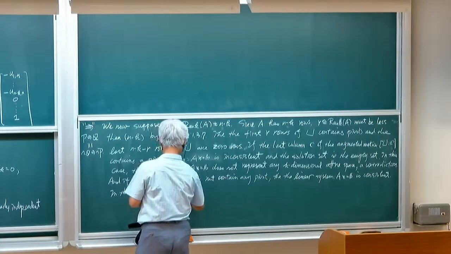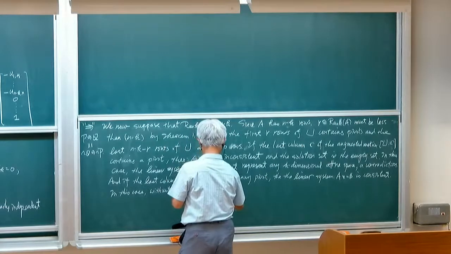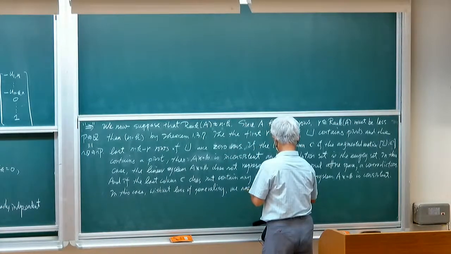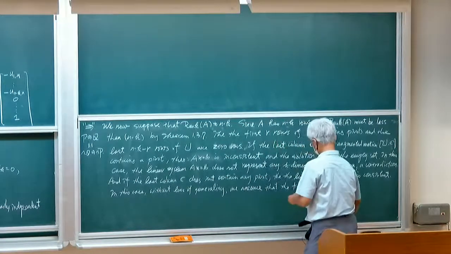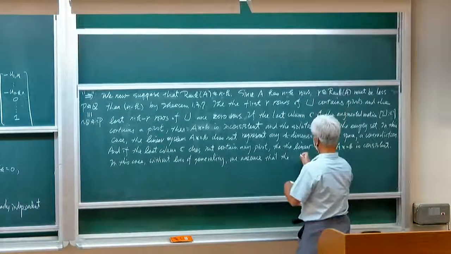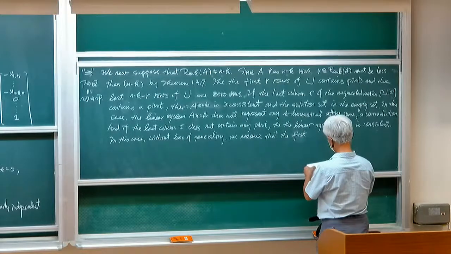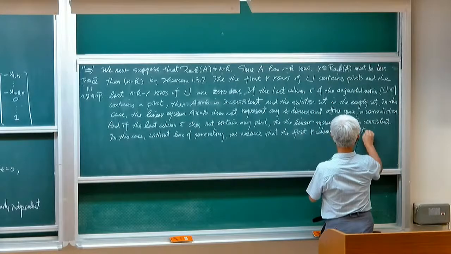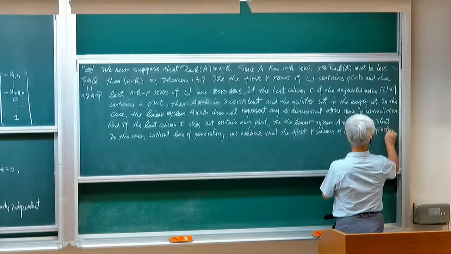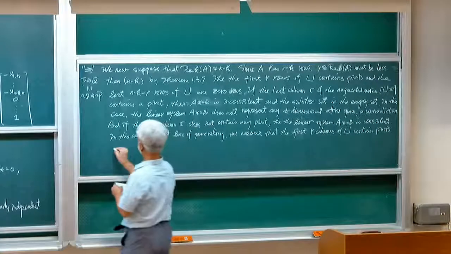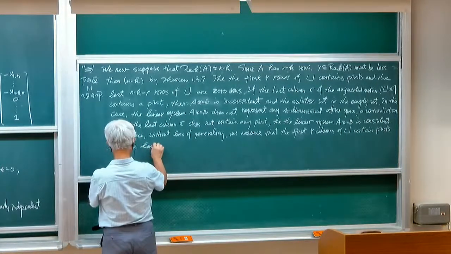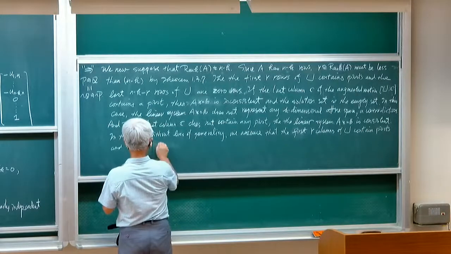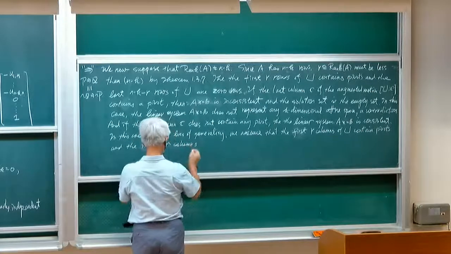Now, in this case, without loss of generality, we assume that the first r columns of U contain pivots, and the rest, n minus r columns, do not.